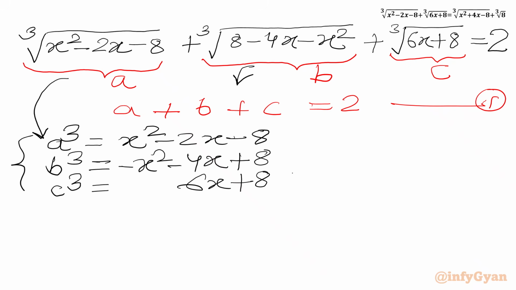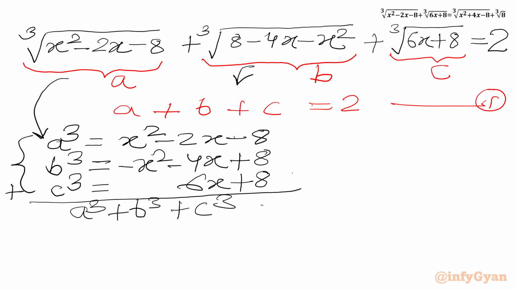Now we are going to add these three equations. After adding, we will get a cube plus b cube plus c cube in LHS. And in RHS, we will cancel these two, we will cancel these three, we will cancel these two. So only 8 will be there. And this equation we will call equation number 2.